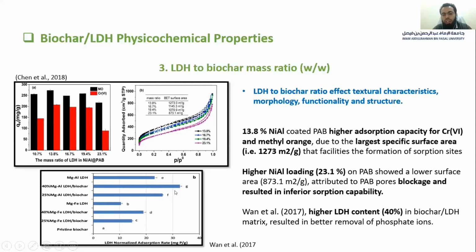The author attributes this to the fact that by increasing the concentration of LDH on the surface of biochar, the functionalities also increase. This facilitates the removal of phosphate. So, different behavior. In order to design the biochar LDH composite, you have to consider what composition you have to coat on the surface of biochar.